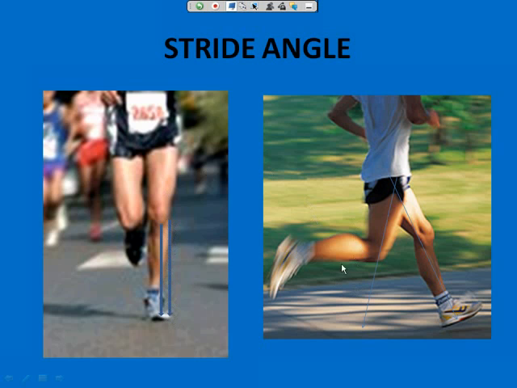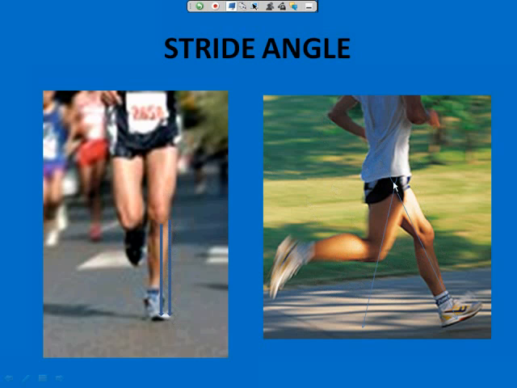Now, going to the left slide, this is how to measure the stride angle to see if they are covering the amount of ground at each stride that they need to. You're also looking at elbow height, hips, the knee in front, and the knee back.